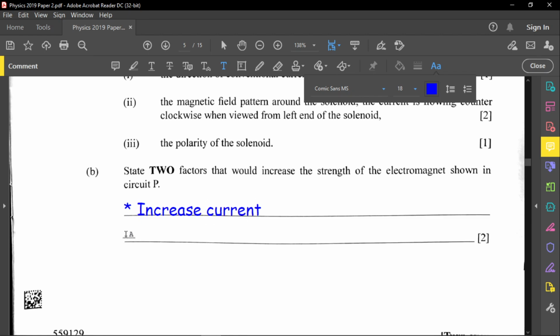And also increase the number of turns. This is the number of turns in the solenoid, as a matter of fact. All right, that's good for that.